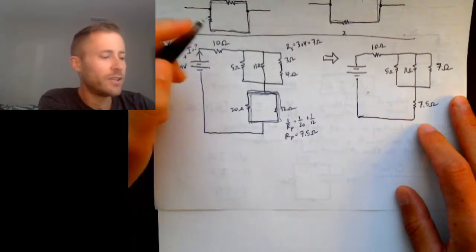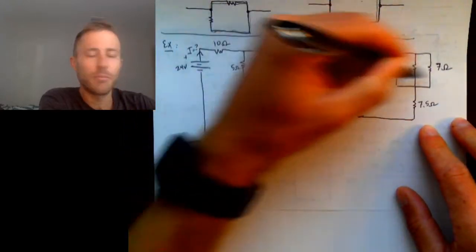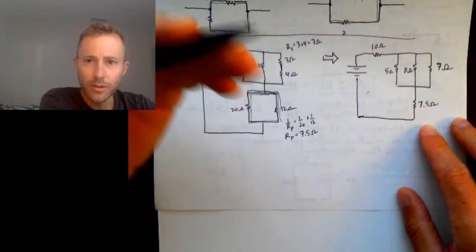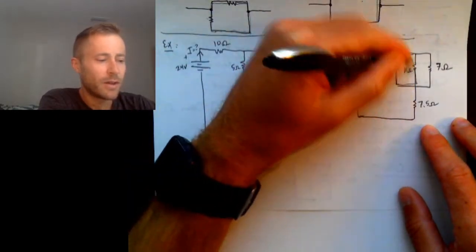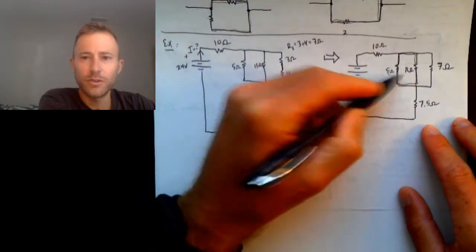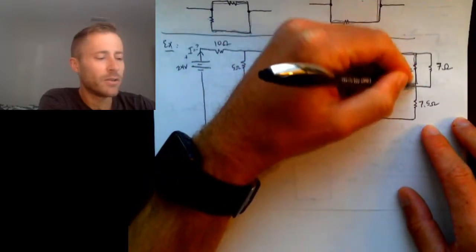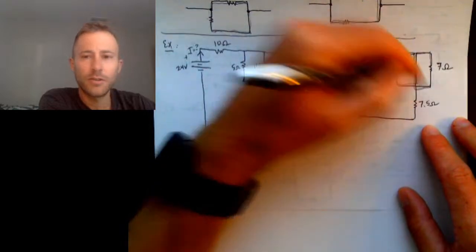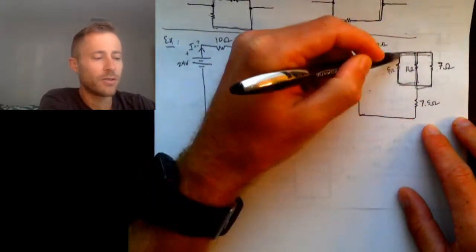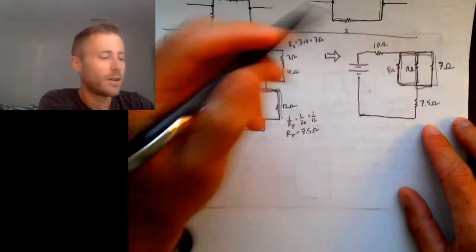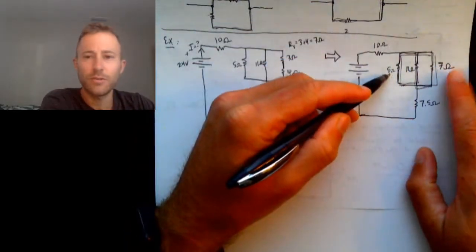So now I see that these three are in parallel. Why do I know that they're in parallel? It's because if I go around this loop, I have only these two resistors. If I go around this loop in the circuit, I have only these two resistors. And if I go around this loop in the circuit, I only have these two resistors.